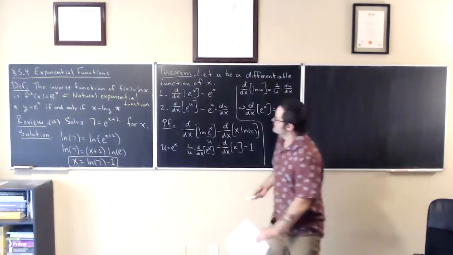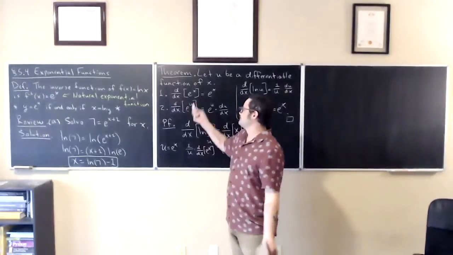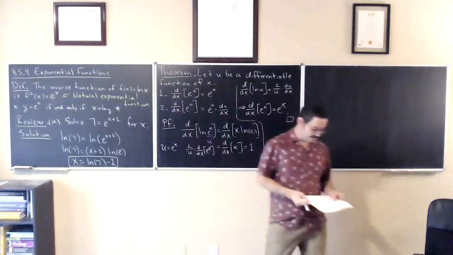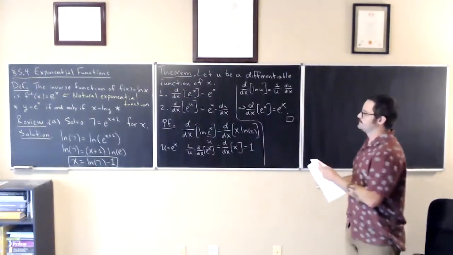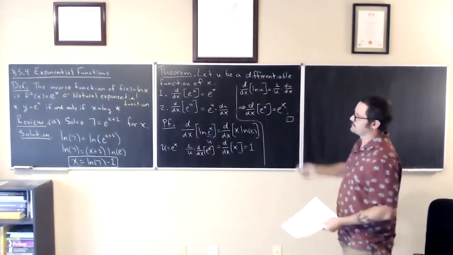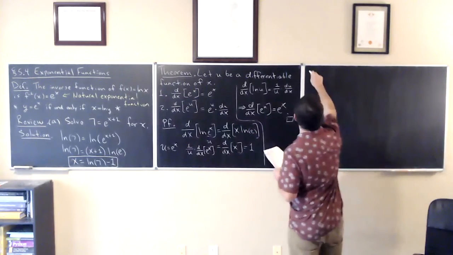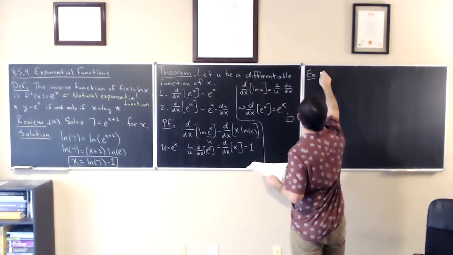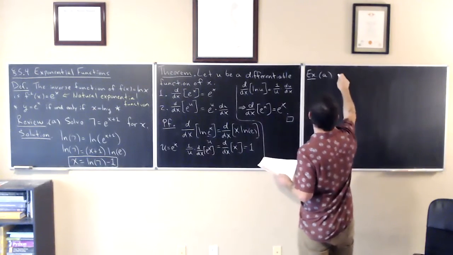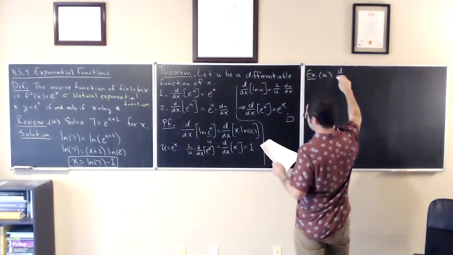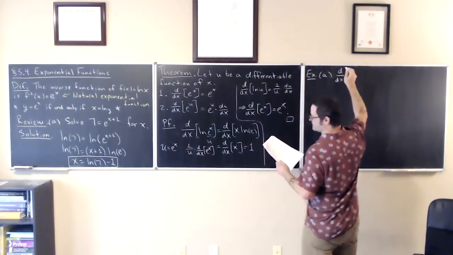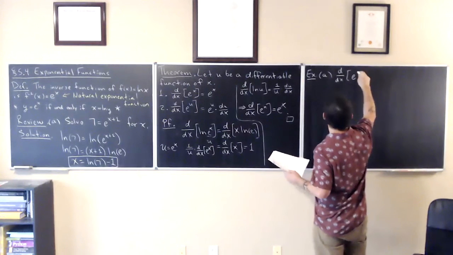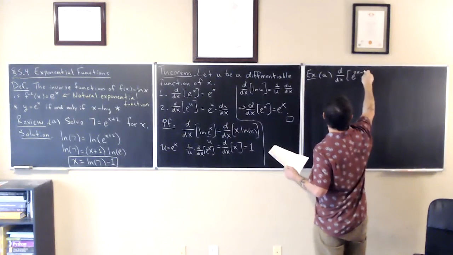Okay, but we've proven that one, we can take that one to be true. We're going to use those quite a bit. So let's look at actual examples of using this theorem. Examples: A, let's say find the derivative with respect to x of e to the power 2x minus 1.